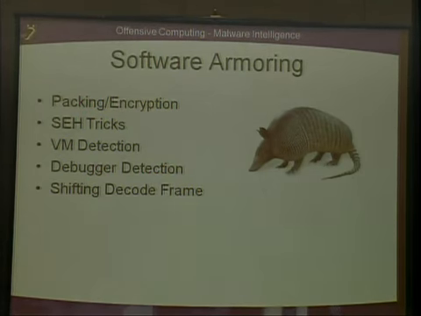There's SEH tricks. There's ways of making the code crash so that it deobfuscates itself using the crashes. Virtual machine detection. A lot of analysts use virtual machines to look at the malware, and I've seen a lot of samples out there that will detect this and either destroy itself or try to crash the virtual machine or do whatever. Debugger detection is probably one of the most prevalent, where they try to detect that you're running their tool in a debugger and stop you. And then the shifting decode frame.